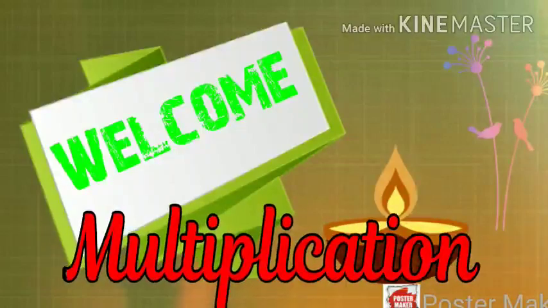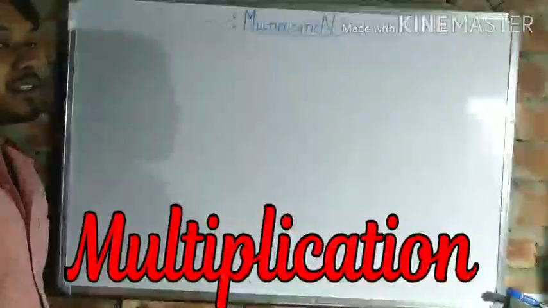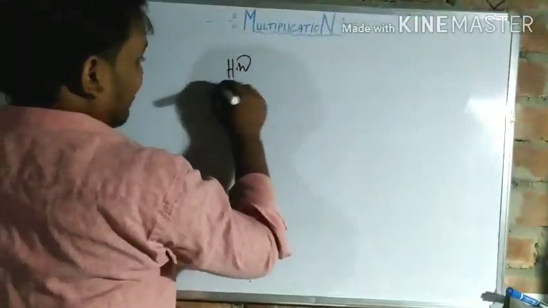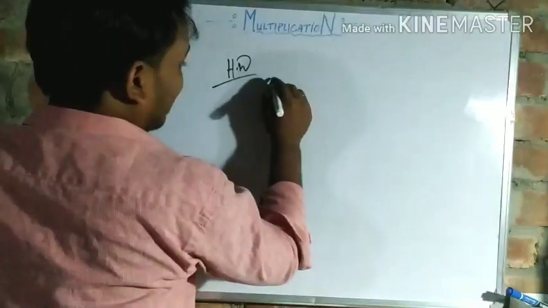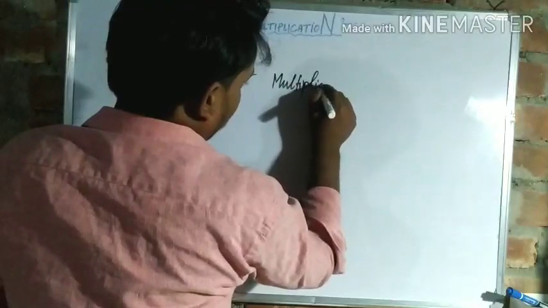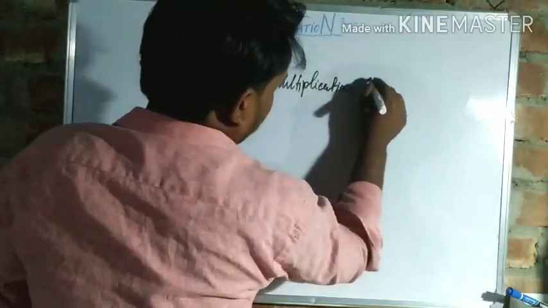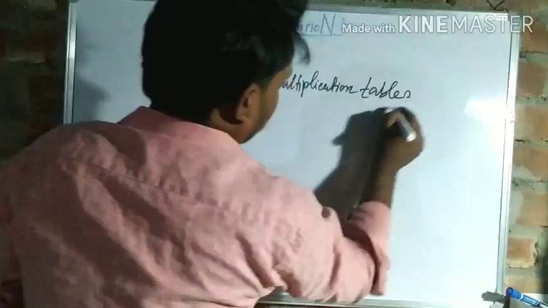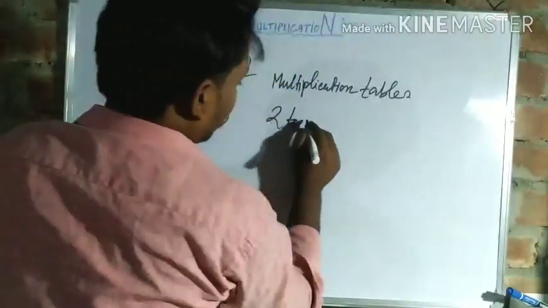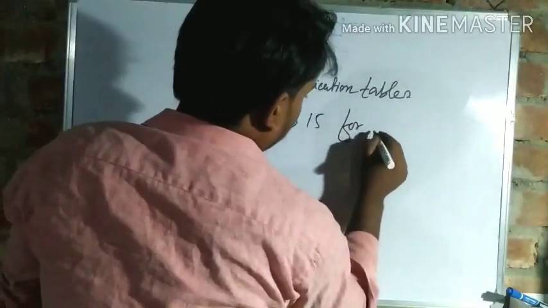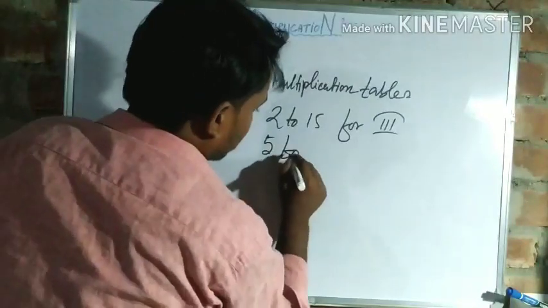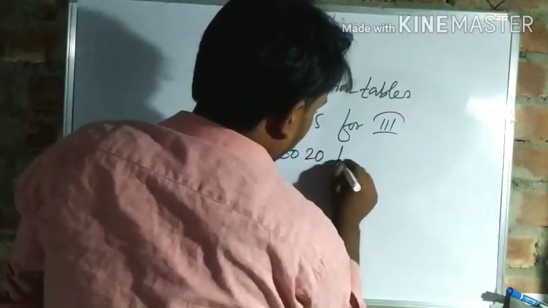Before I get into the topic of multiplication, homework. Multiplication tables: tables 2 to 15 for class 3, and 5 to 20 for class 4.